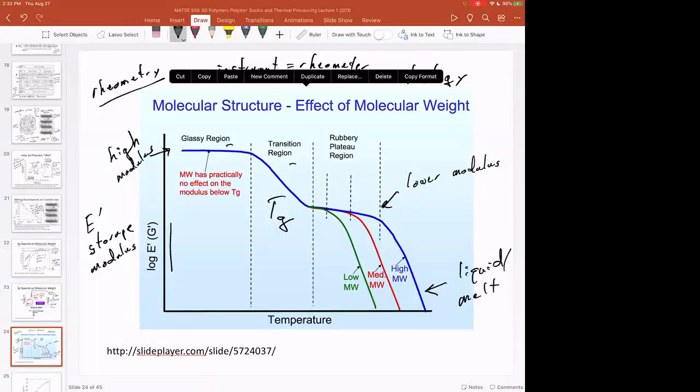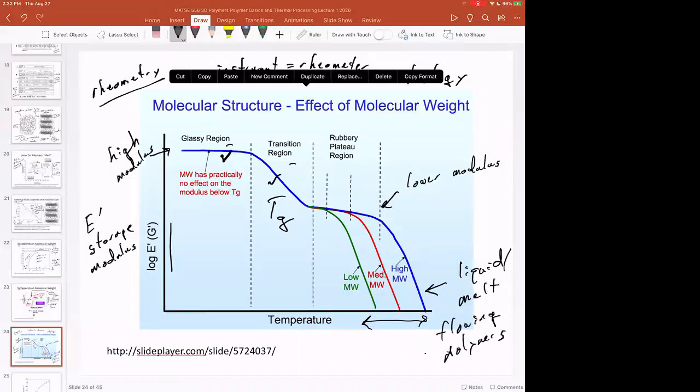But you notice that depending on the molecular weight, the Tg is about the same. The glassy region is about the same, but they will start to liquefy, or they will start to go into a melt. This is not a Tm. This is called a polymer melt, which is basically just a polymer liquid, which is basically just a really warm rubber that starts to flow. And so liquids or melts are flowing polymers.